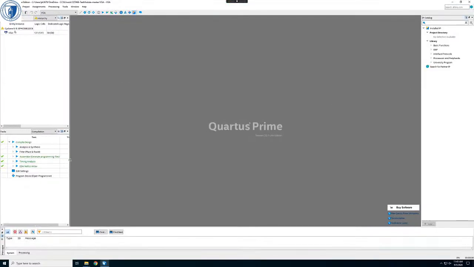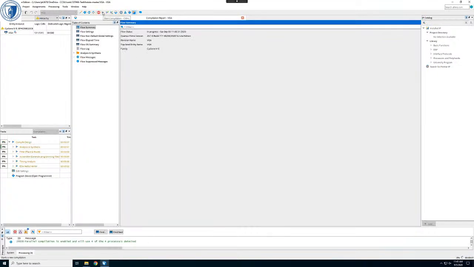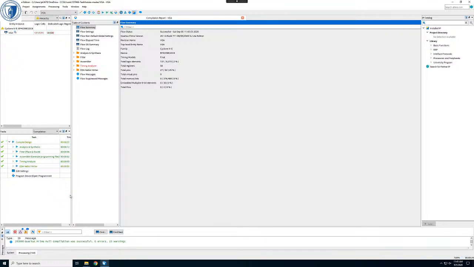And what I want you to do is hit the build button to make sure that you can build using Quartus Prime. And what should happen is these progress bars should fill up and get a green tick, and eventually you should be able to see all green ticks down here.